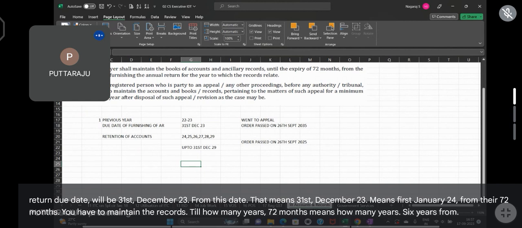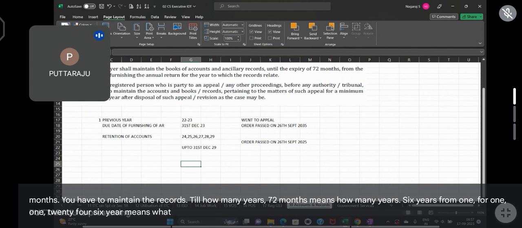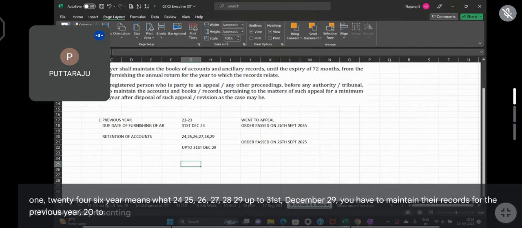From 1/1/24, six years means 24, 25, 26, 27, 28, 29. Up to 31st December 29, you have to maintain the records for the previous year 22-23. Understanding, guys?